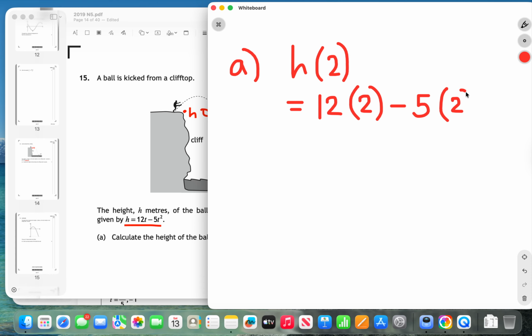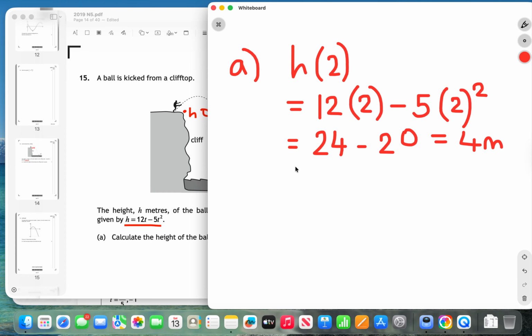Simply substituting t for 2, and we get 24 minus, well, 2 squared is 4, times 5 is 20, and that equals 4 meters.